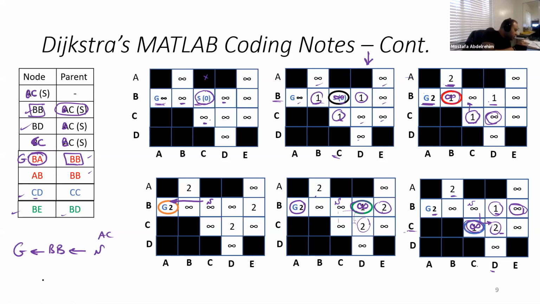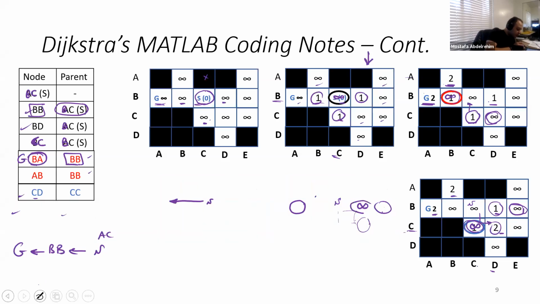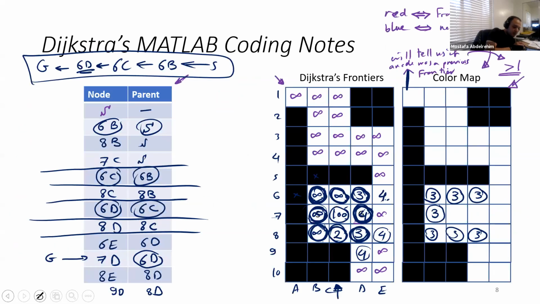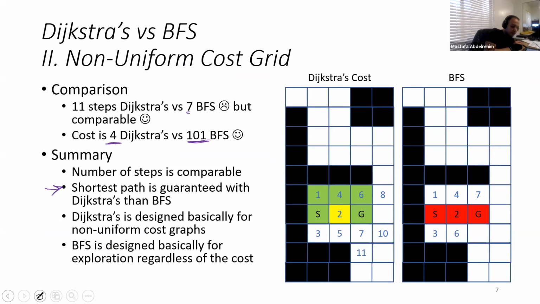Okay, so I have here a very good example, the one that I showed you last lecture, which is this one. Let me show it very, very quick. Yeah, this one here. So this example here, if you remember, this cell has a cost of 100, while all other nodes have a cost of 1.